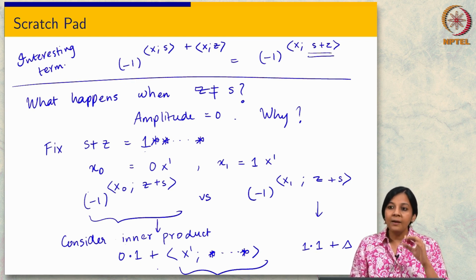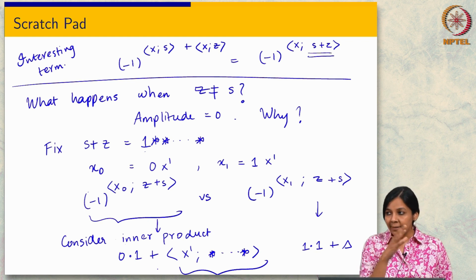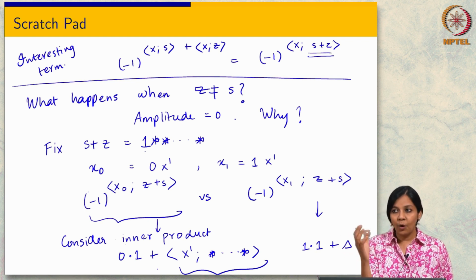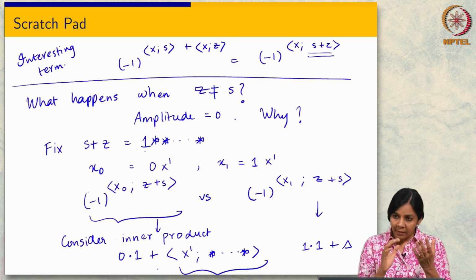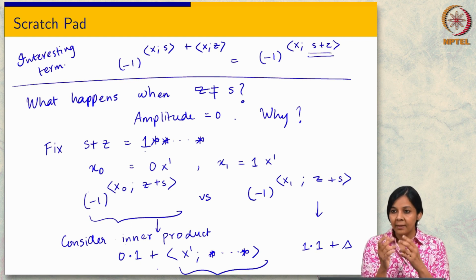So once I get the output superposition in some form and I apply the Hadamard, what does it do? It changes the basis.